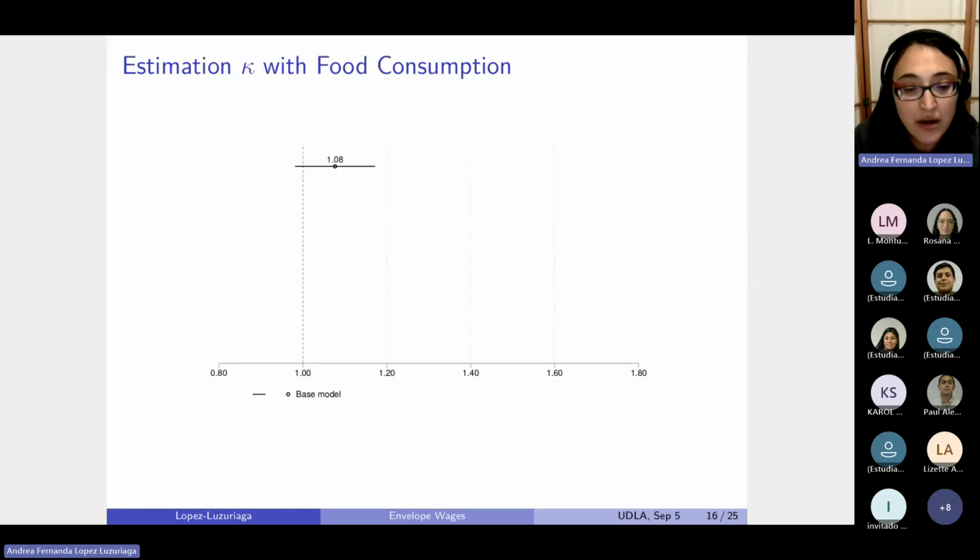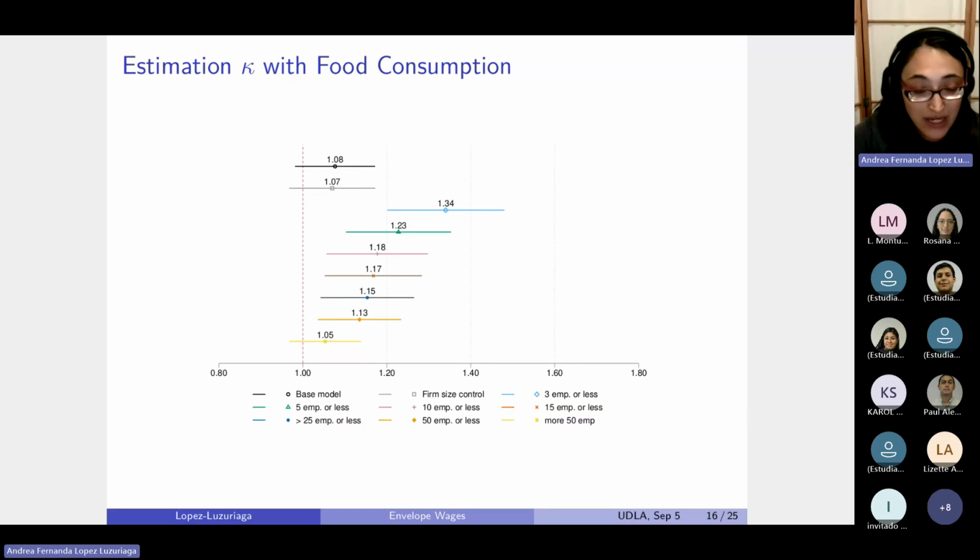But the interesting part is what happens when we start looking at this gradient. How big is the firm? So as we increase the firm size, I have a very big gap in this reporting between the public sector and the private sector if I'm working for a small firm. So if I have 3 or fewer employees, this parameter is 1.34.